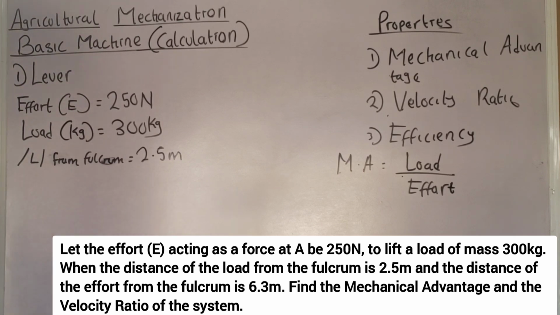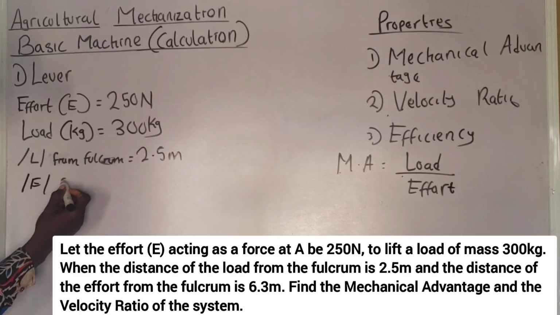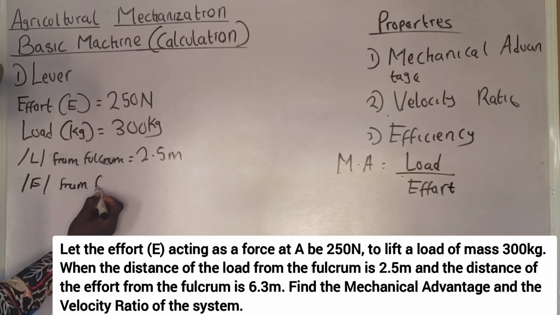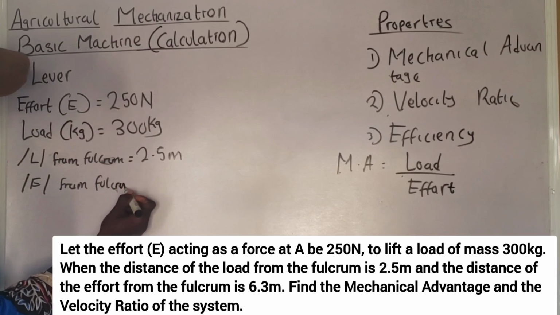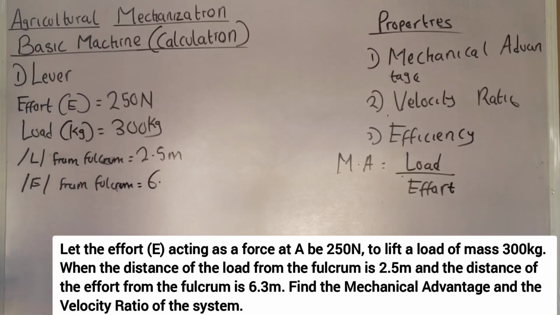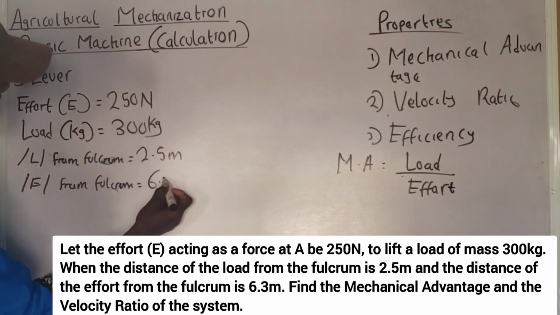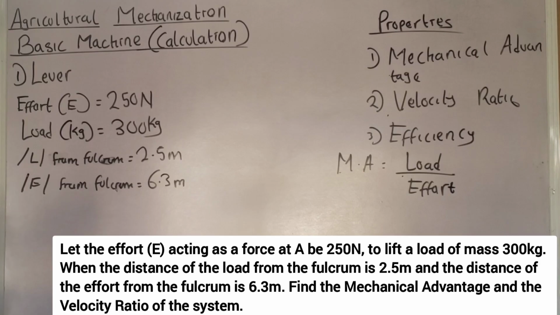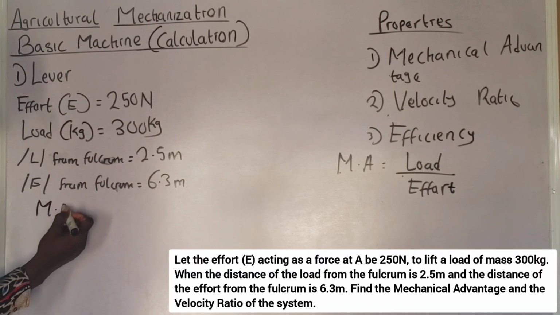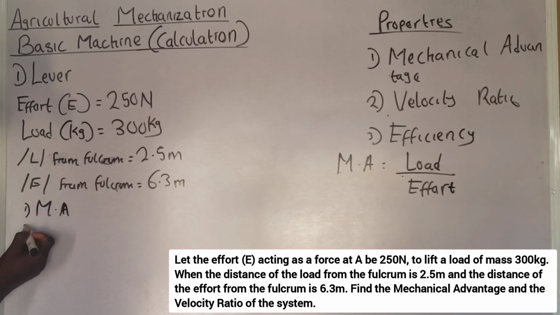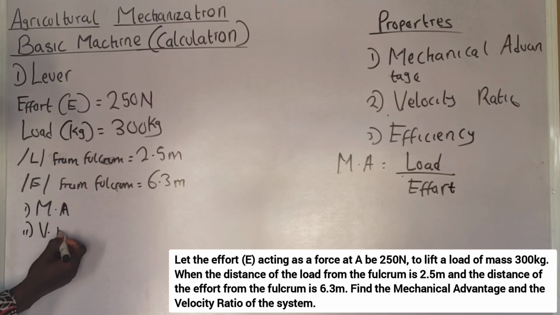And the distance of the effort from the fulcrum is 6.3 meter. Distance of the effort from the fulcrum is 6.3 meter. Now we are asked to calculate the mechanical advantage and the velocity ratio.